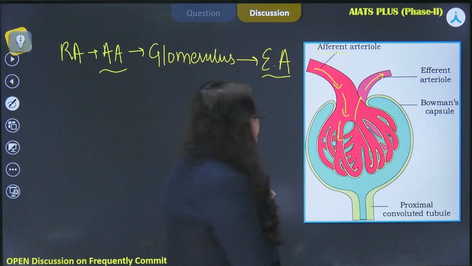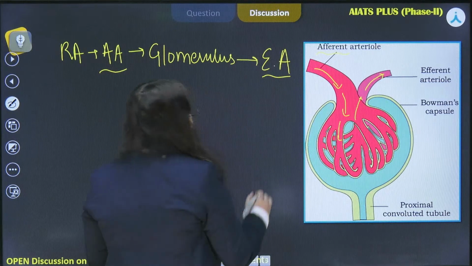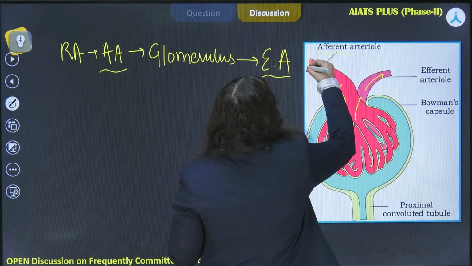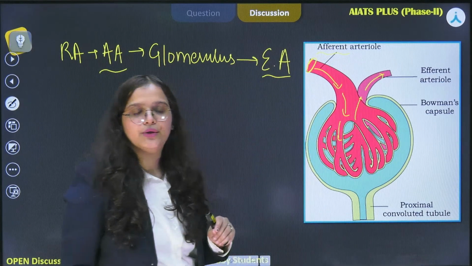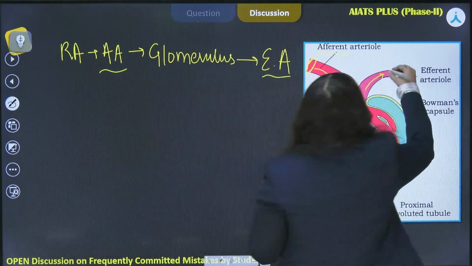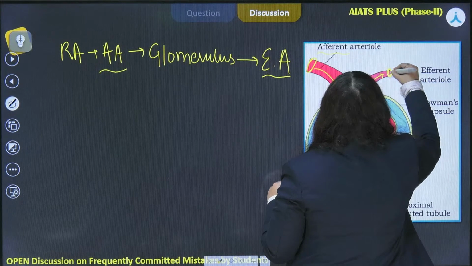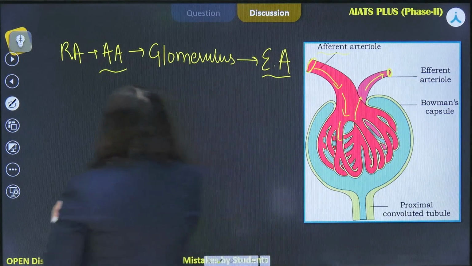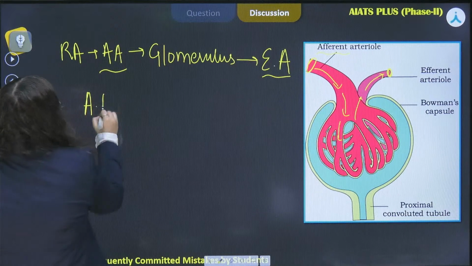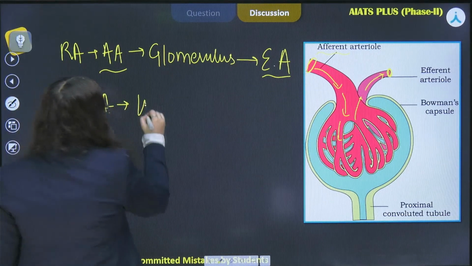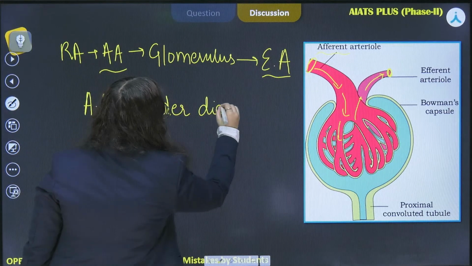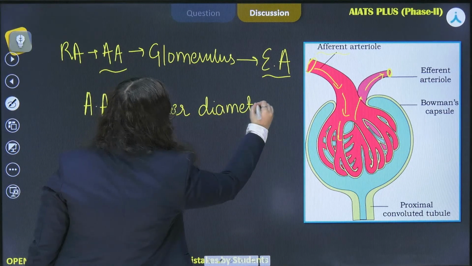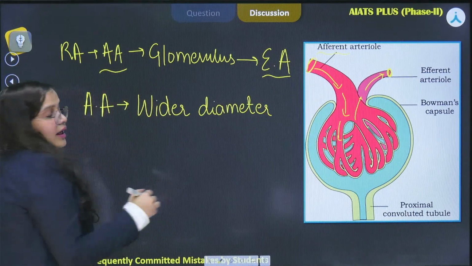All right. And if you see closely, we can see that there is a difference in the diameter of efferent arteriole when compared to the efferent arteriole. All right. So the efferent arteriole has a wider diameter as compared to the efferent arteriole.